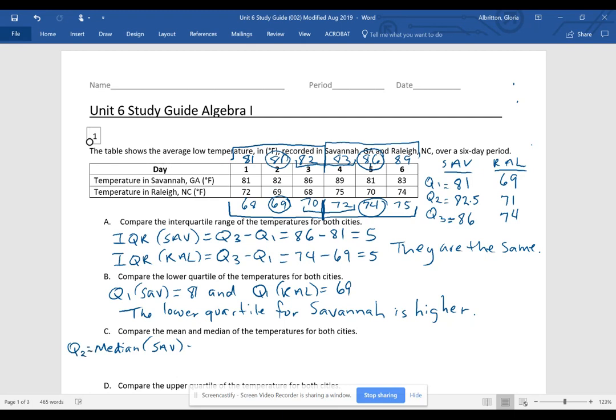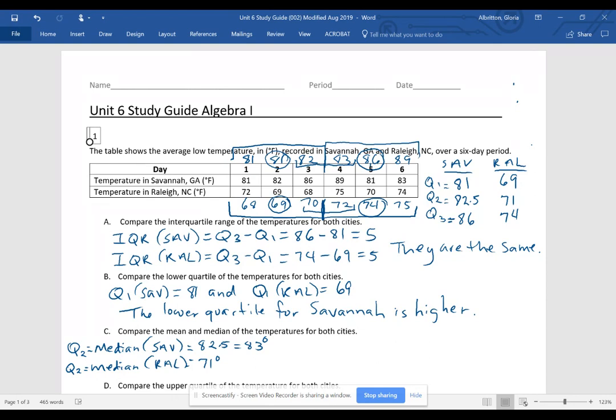That is 82.5. And we're going to just round this to 83 degrees since it's temperature. The Q2, which is the median of Raleigh, was 71 degrees. So when we compare this, we see that Savannah is higher for the median.